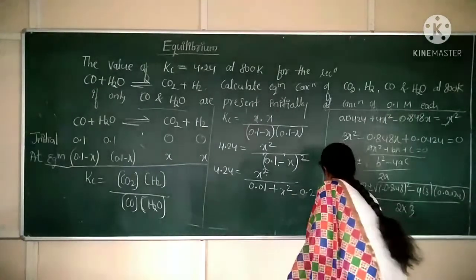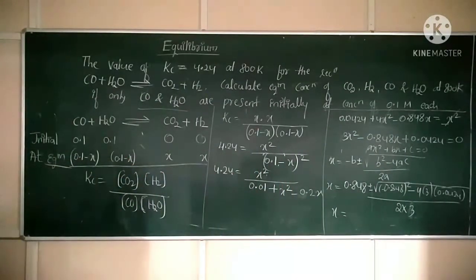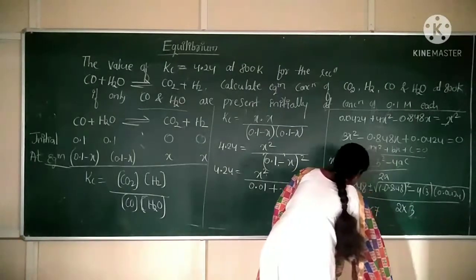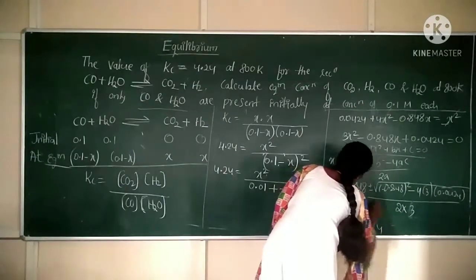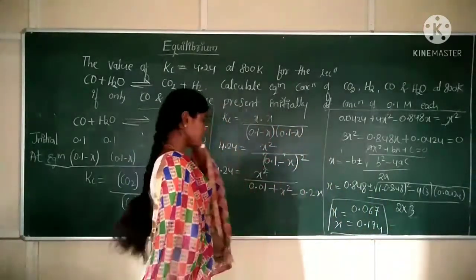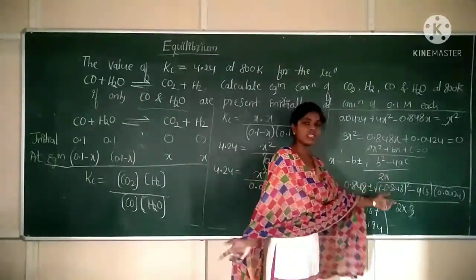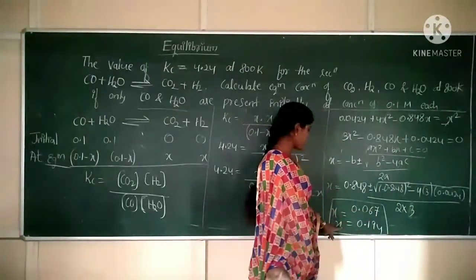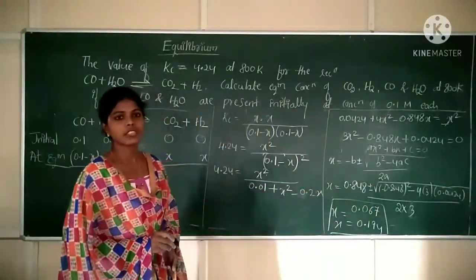If you simplify these values, you will get two values: x equals 0.067, and another value x equals 0.194. Are you getting? Now between these two values, which value should we consider?